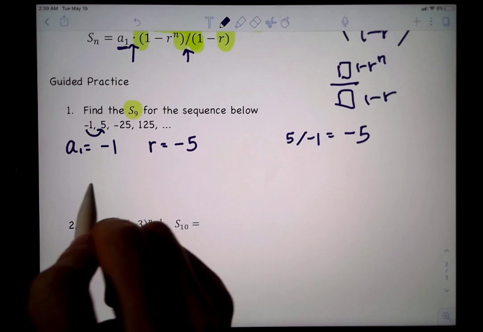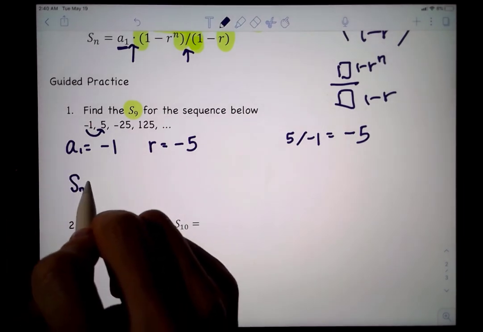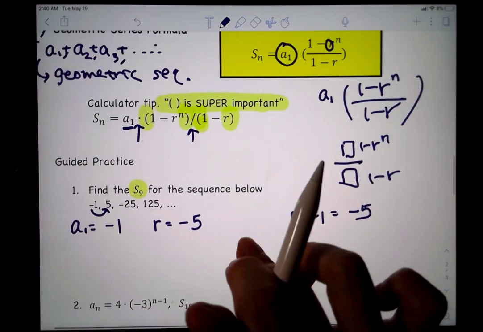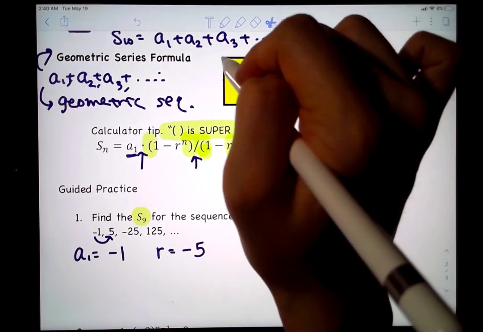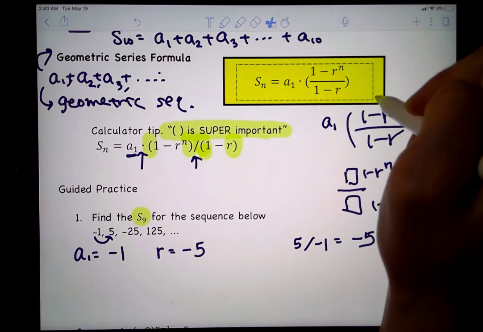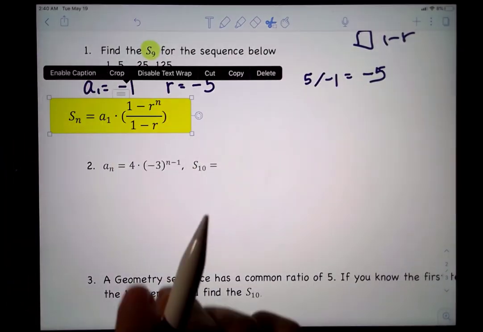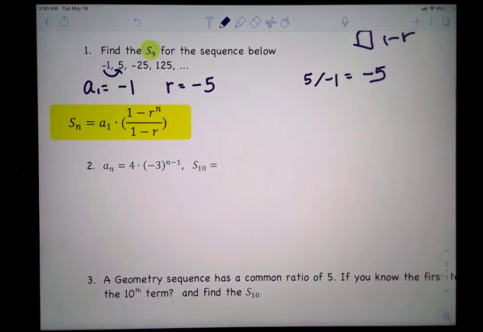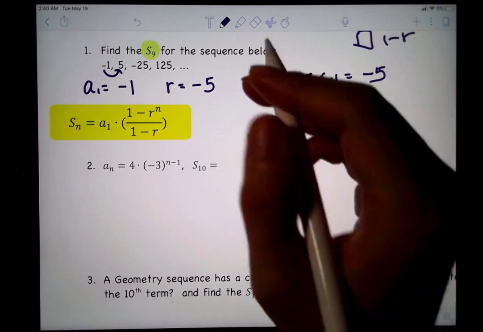So I bring my sum formula down. Now I'm going to plug in my numbers. I want to get S9, the sum up to 9.